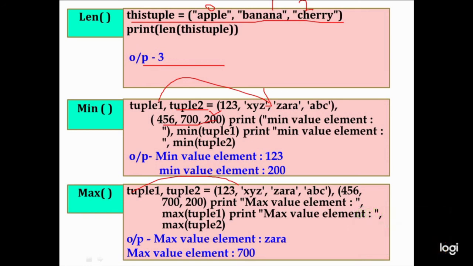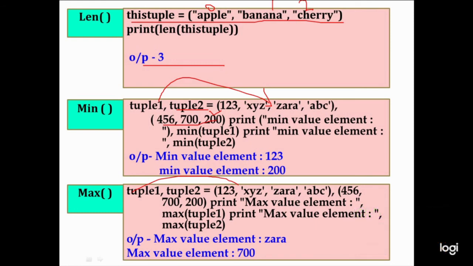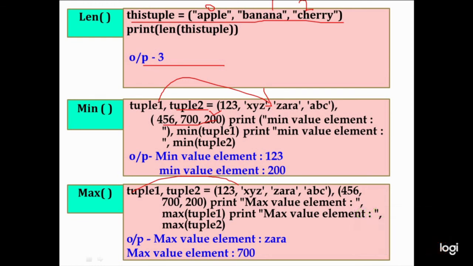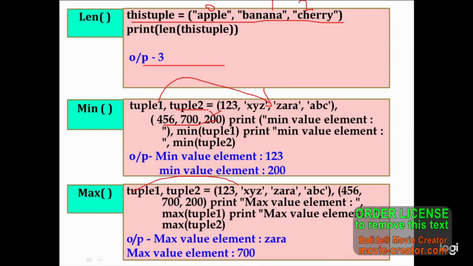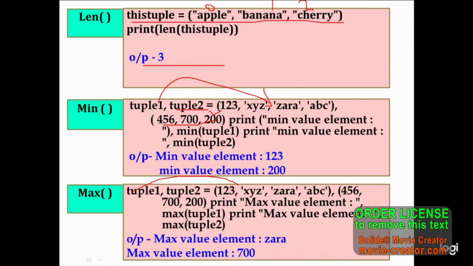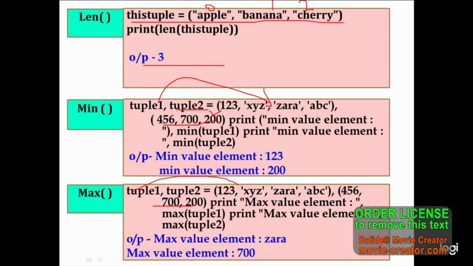As per ASCII code, Zara has the greater value, so the data item having the maximum value will be Zara. Next one is 4, 5, 6, 700, 200. The max value element is 700. It is clearly mentioned here.